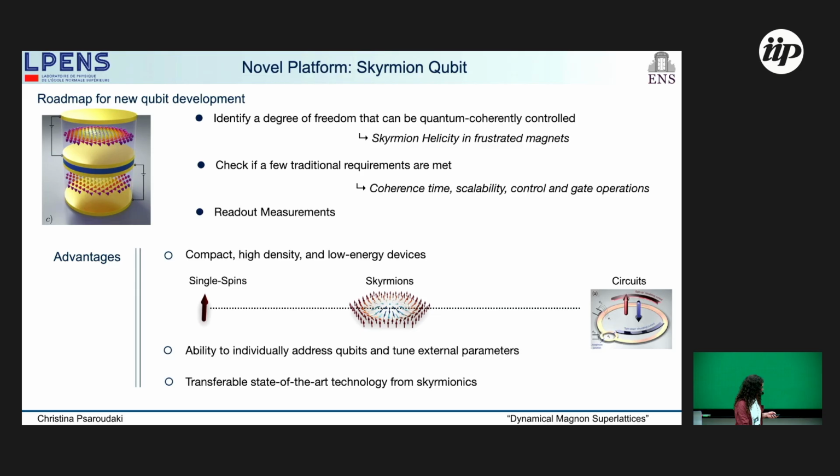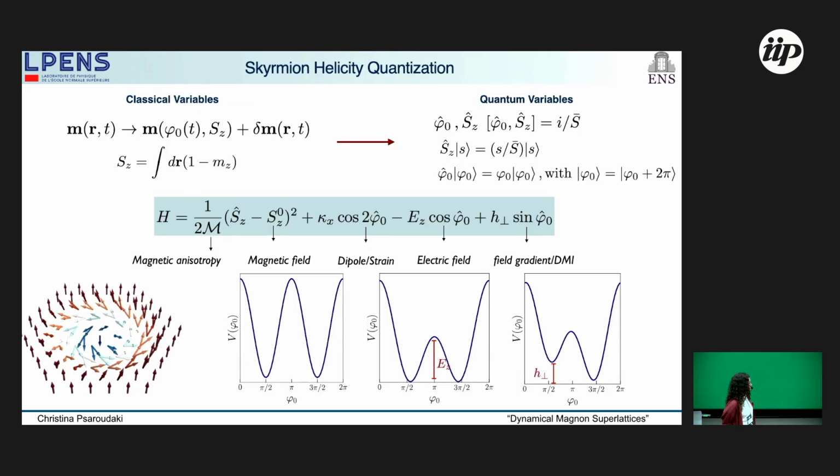Now, I'm going to go into specifics about how the skyrmion qubit can be constructed based on helicity. So we start typically from the theory in terms of those classical variables of magnetization, and we introduce helicity and its conjugate momentum. Here a Z is just the Z component of magnetization. And as Sylvia mentioned before, of course, here we have to take into account those quantum fluctuations. Now there is a proper, well-defined way where we go from classical variables to quantum variables, which I will not talk about here, but if you want to know more, we can talk about it later.